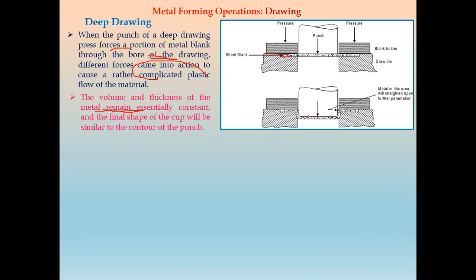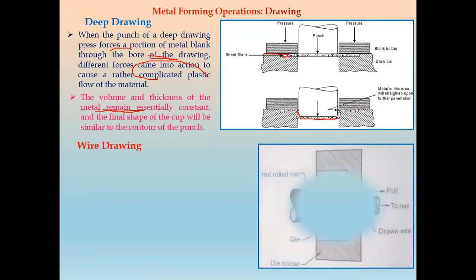Up to this point it will form the metal, but after that it will straighten and then be cut. The same volume and same thickness will be maintained using this deep drawing operation. So this is deep drawing.